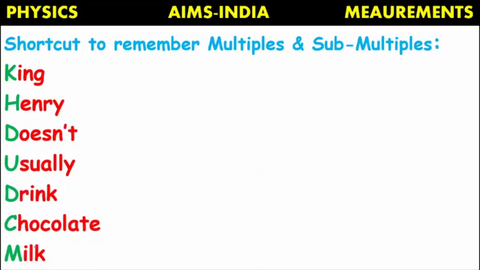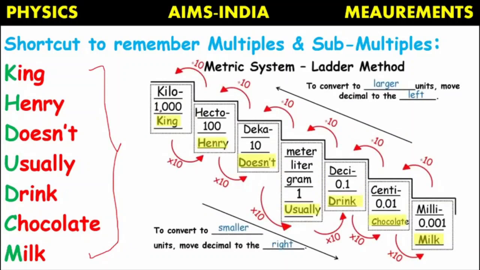With this phrase, we can remember some of the important multiples and submultiples. Not all 20, but some important ones. So how? Suppose 1 meter, or 1 liter, or 1 gram.